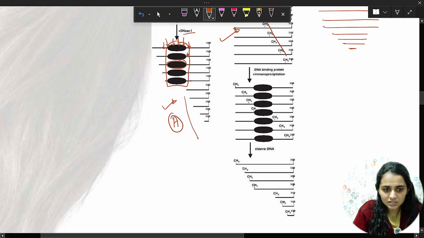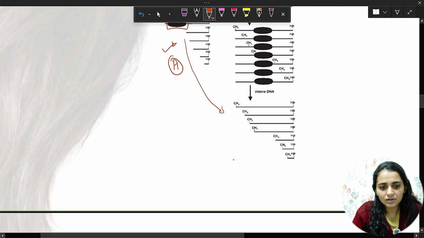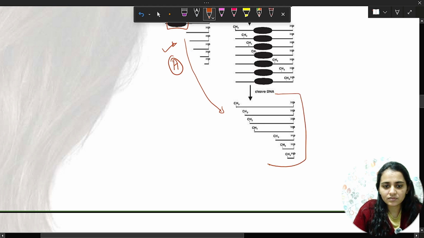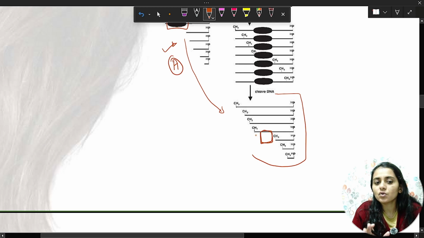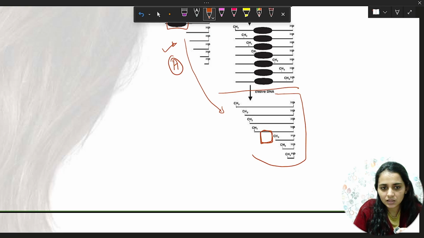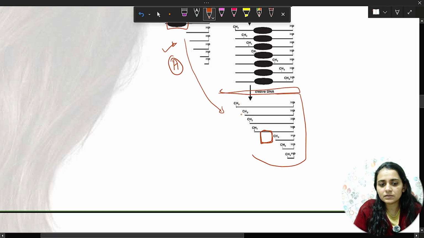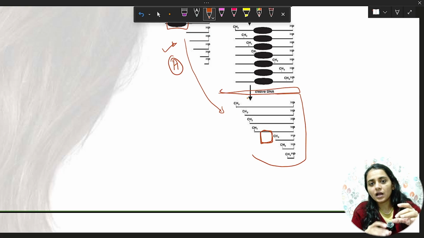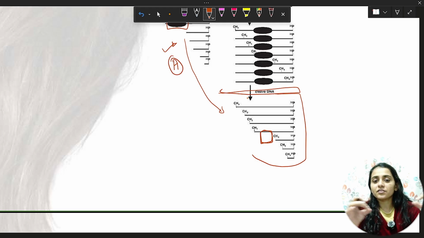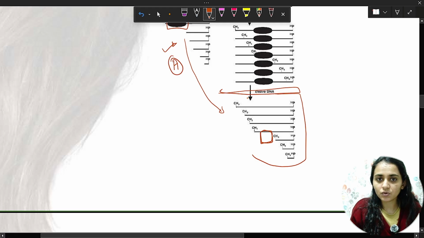And if protein is present, it will show this type of ladder, and this specific portion shows the gap due to the presence of protein, which cannot be cut down. So that will remain here, higher in length, because that strand is not cut, since we are only cutting at one place of the DNA sequence.